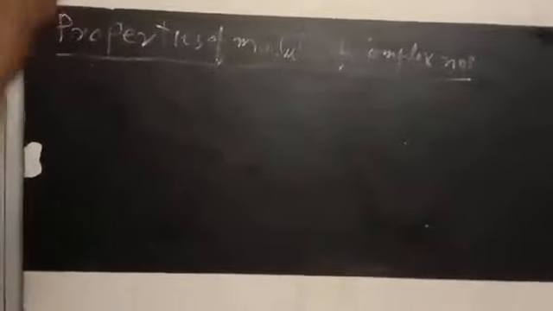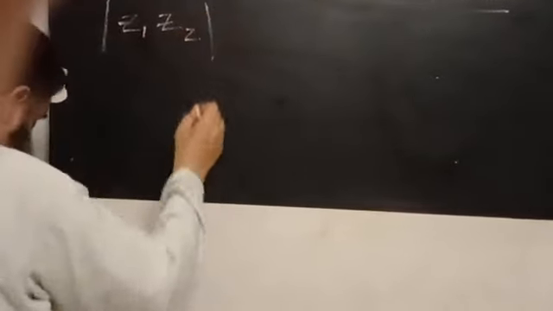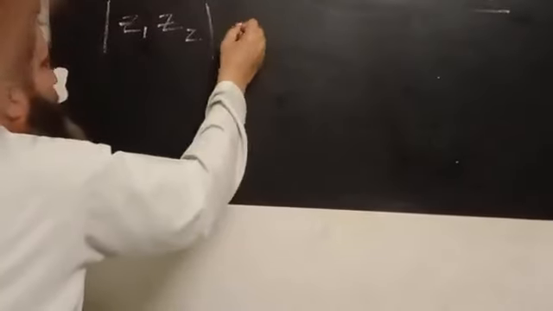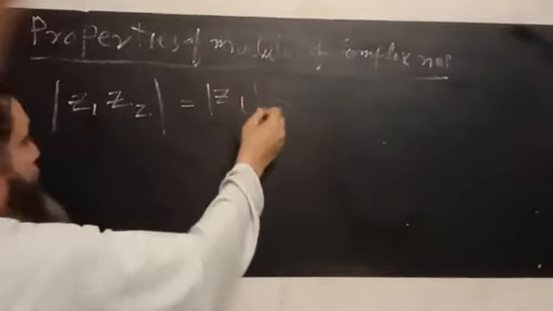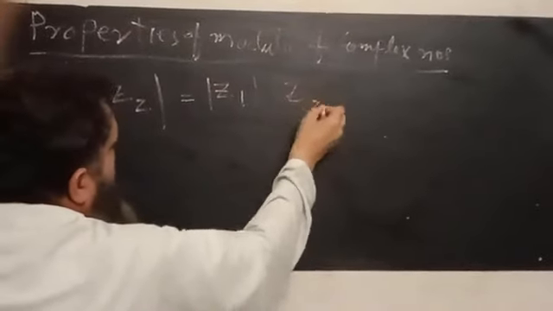First, if we have two complex numbers z1 and z2, then modulus of z1 into z2 will be equal to z1 modulus into z2 modulus.